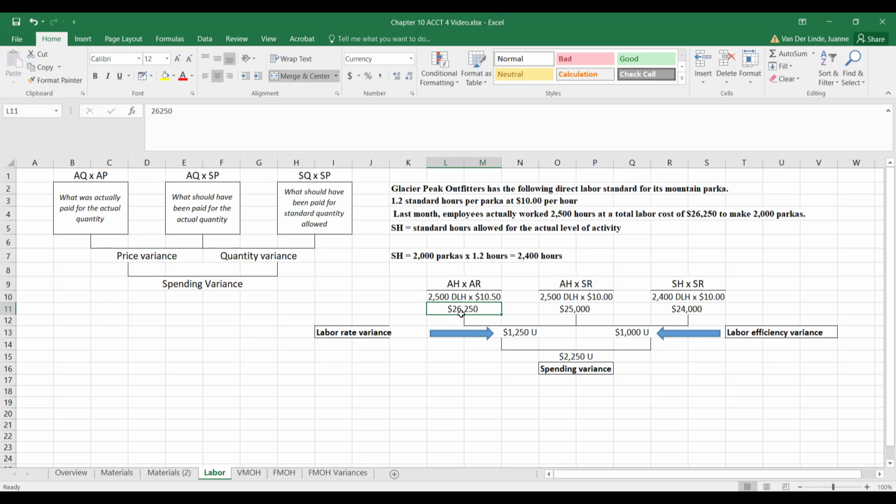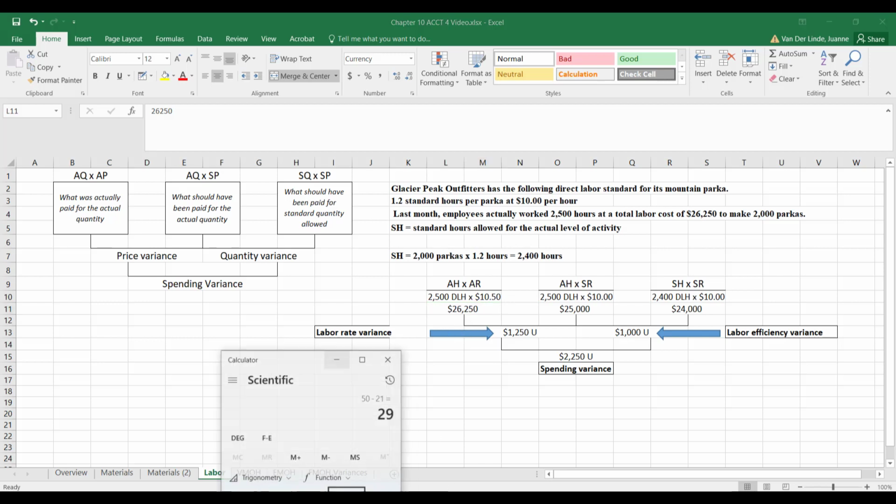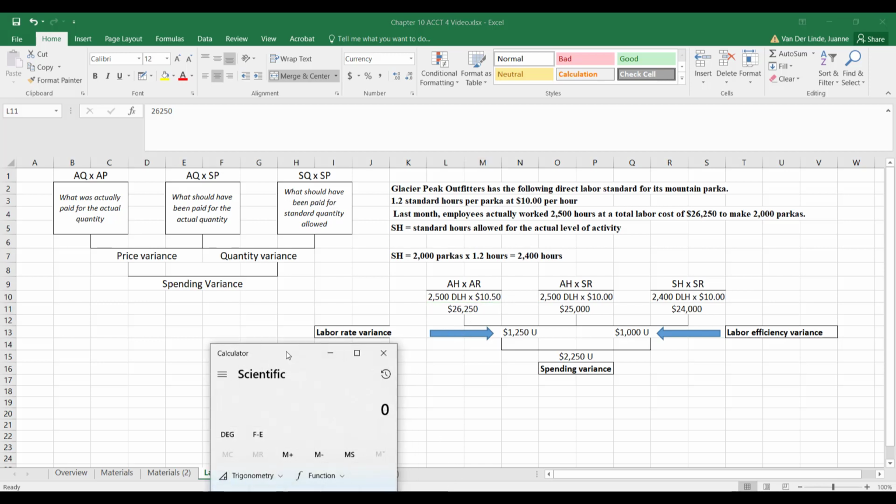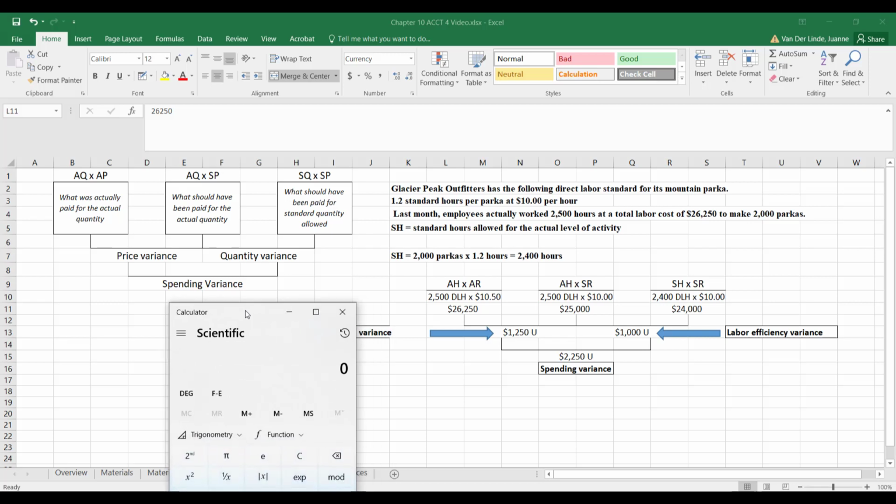So I put that $26,250 there first, and then I worked backwards a little bit to find out what they actually ended up spending per hour. So they actually used 2,500 hours. We're going to take that total labor cost of $26,250 and divide that by the 2,500 hours to see that on average they were paying about $10.50 for every direct labor hour.